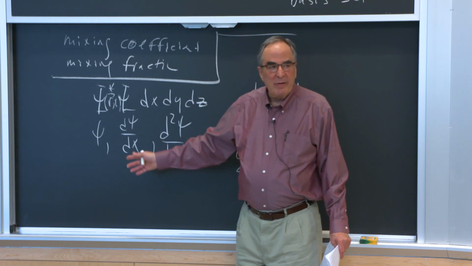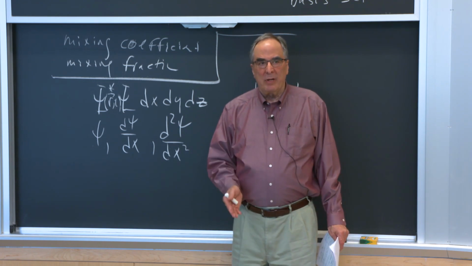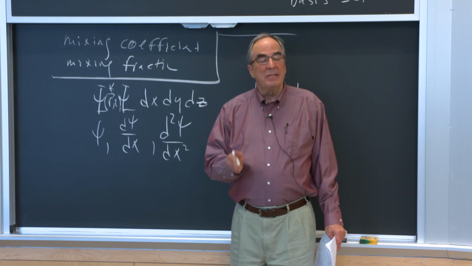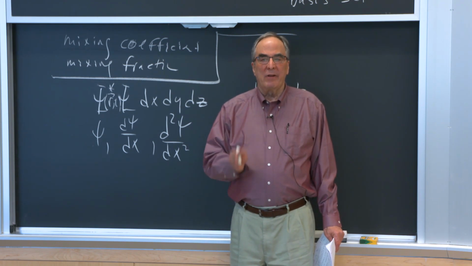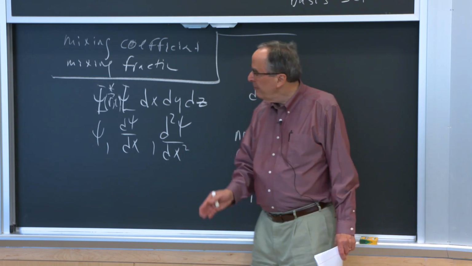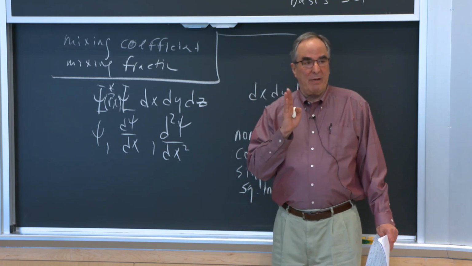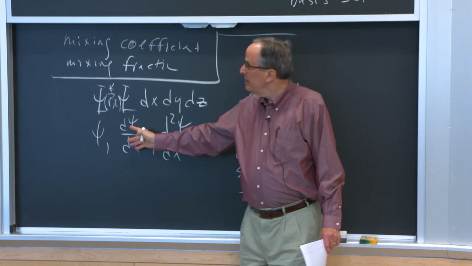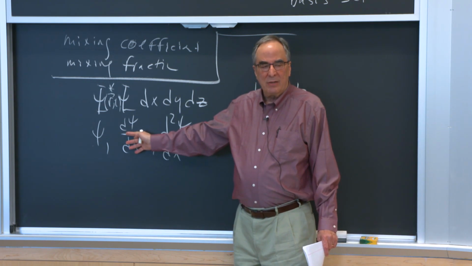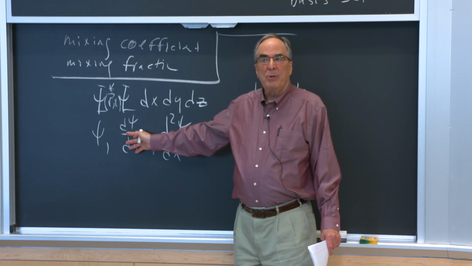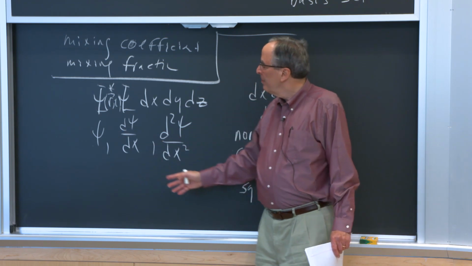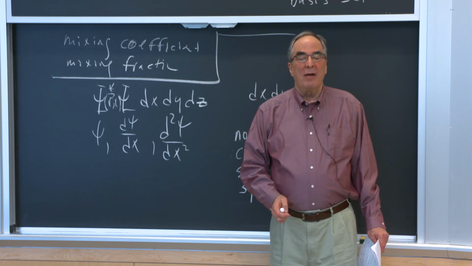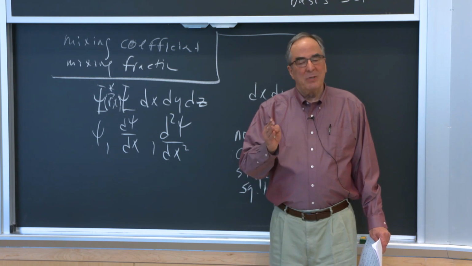The first derivative of the wave function with respect to coordinate, we already know from the particle in a box that that is not continuous at an infinite wall. So an infinite wall, so not just a vertical wall, but one that goes to infinity, guarantees that this guy is not continuous. But that's a pretty dramatic thing. The second derivative is not continuous when you have a vertical step, which is not infinite.